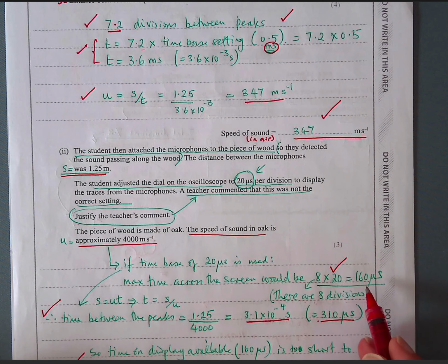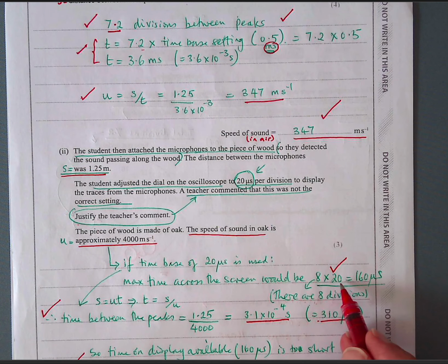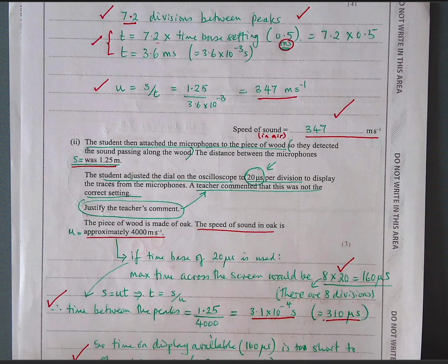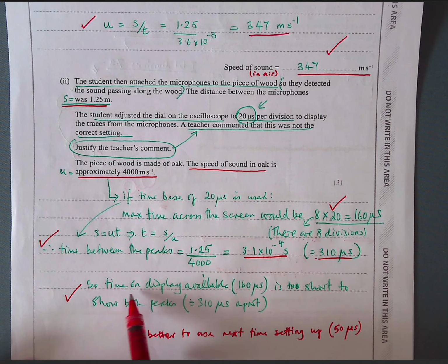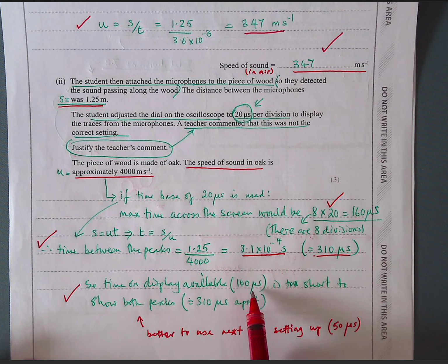Well, that's more than the total time that could fit on the 8 divisions that the oscilloscope has on the x-axis. So therefore you would say the time on the display available is a maximum of 160 microseconds, which is too short to show both peaks, which would be 310 microseconds apart.